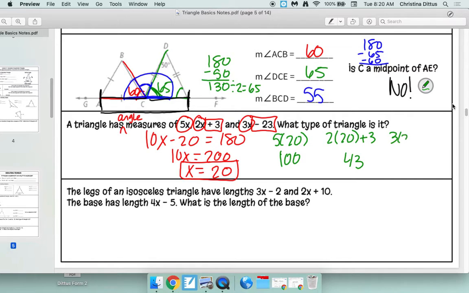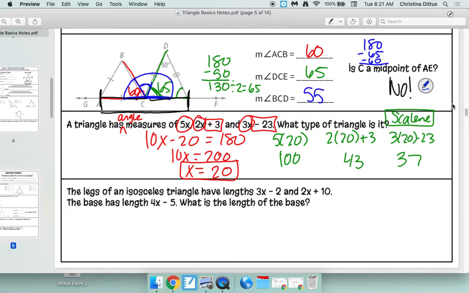Then we got 3 times 20 minus 23 gives me what? 37. Are any of these angles the same? No. So can it be isosceles? Can it be equilateral? So what type of triangle is it? Scalene. Nice.